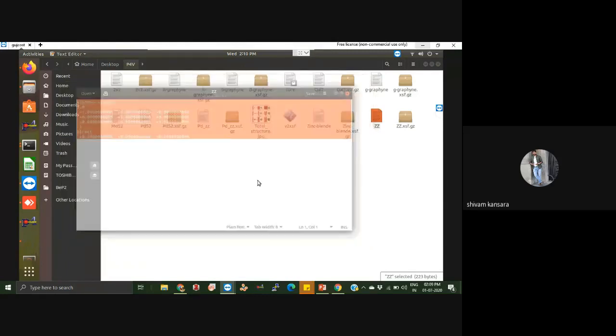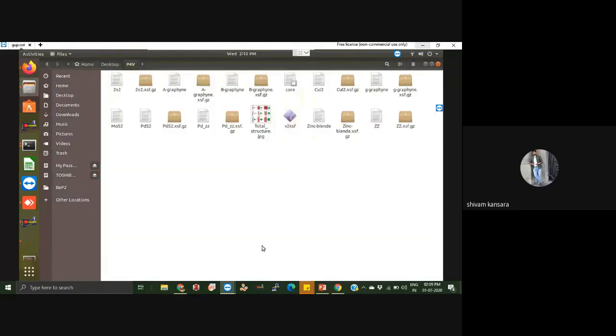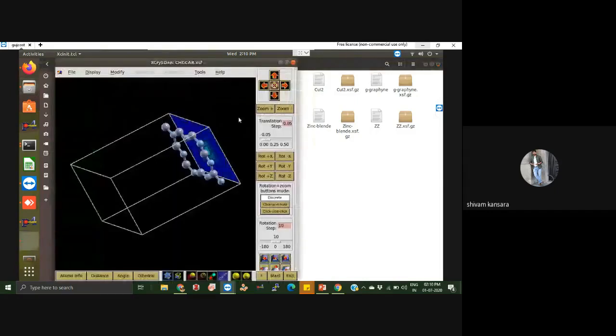So this is the making of the crystal structure. If you wish to visualize the structure, you have to download the XCrystal software. XCrystal software, Vesta and P4VASP are all free on the internet, so you can download and install them easily. So this is the P4VASP structure, and if you wish to visualize, this is the XCrystal software.